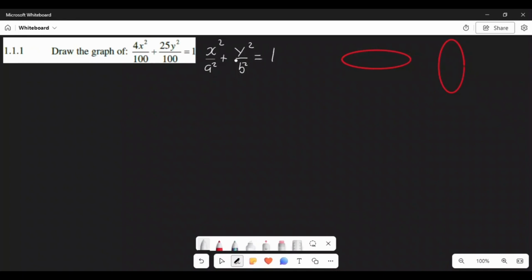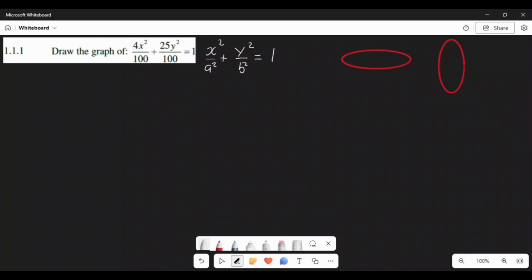This is the general formula for the ellipse. All you need to know is that a is the intercept of x, and b is the intercept of y.